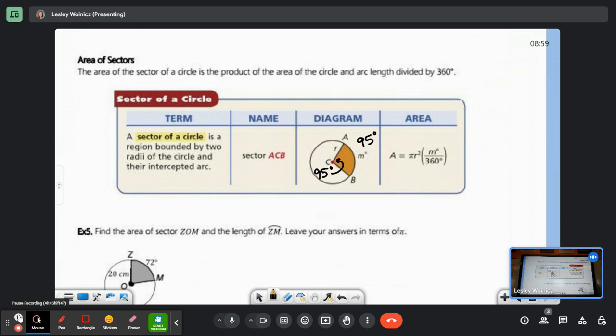So we also did something that was arc length, where the measure wasn't in degrees anymore, it was in centimeters or inches. So what we did was an arc. In this case, it would be the arc from A to B, arc AB.